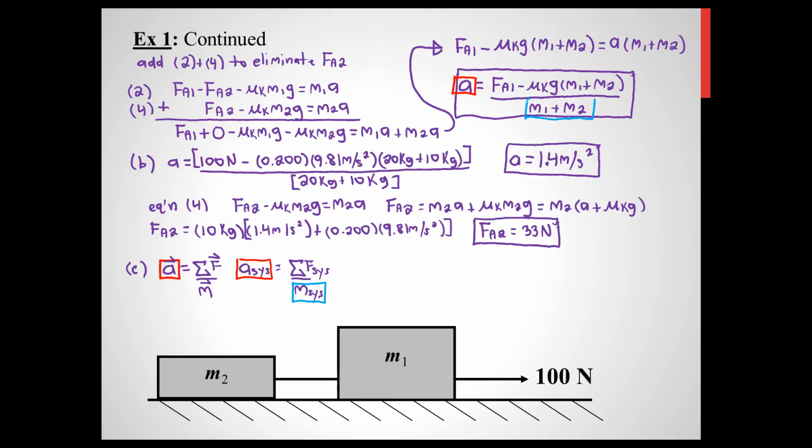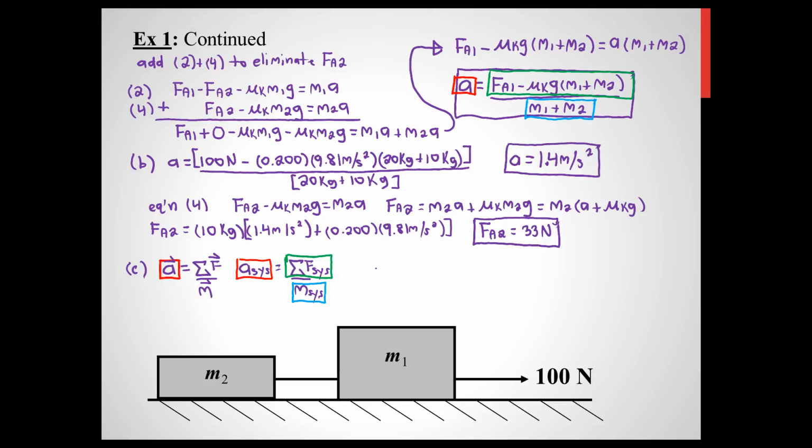We're assuming all the other objects in the system, like that connecting rope, have negligible mass. And then what we're left to do now is to just compare the numerator of the equation. So I want to compare sigma F for the system to everything in the numerator of the equation I derived in A, and then I want to identify what forces make up the net force. So let's do that now, and I'll go back to purple color.